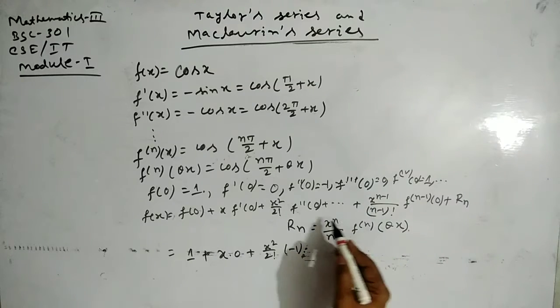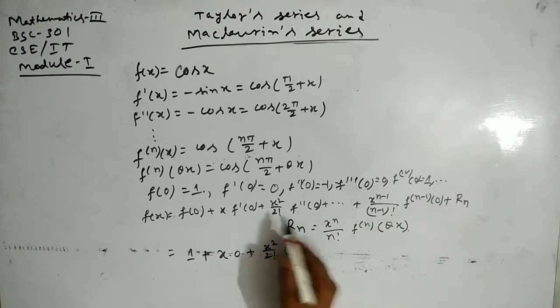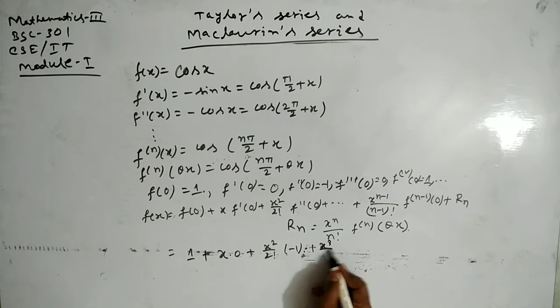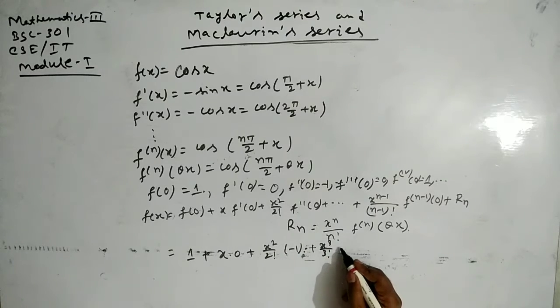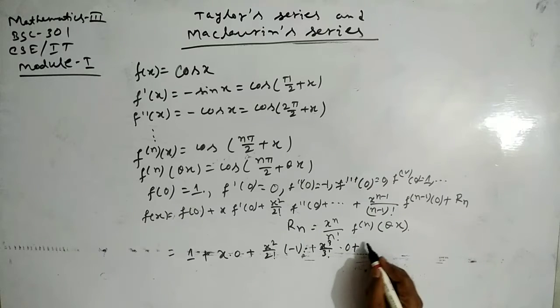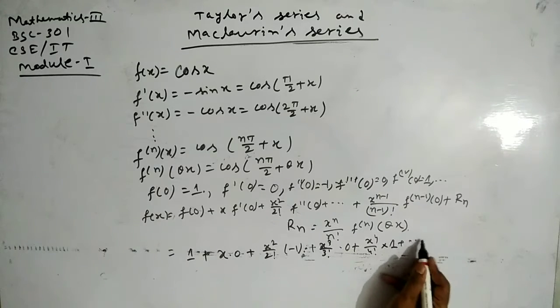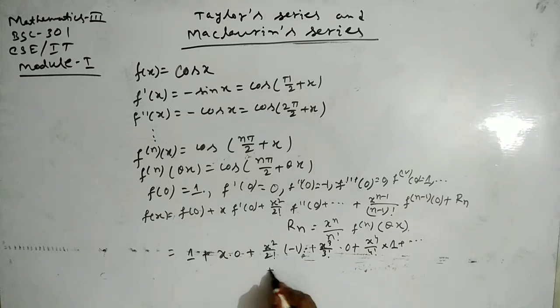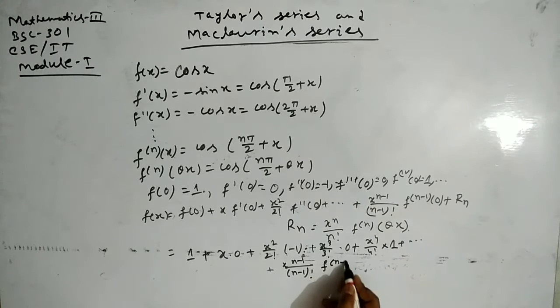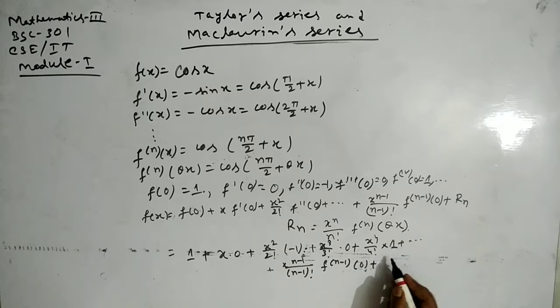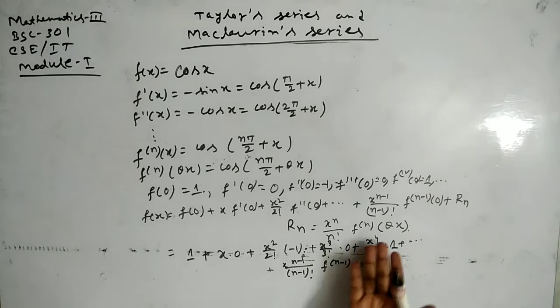F triple dash 0, that is x cube by 3 factorial into 0, plus x to the power 4 by 4 factorial into 1, plus ... up to x to the power n minus 1 by n minus 1 factorial f n minus 1 0, plus Rn.